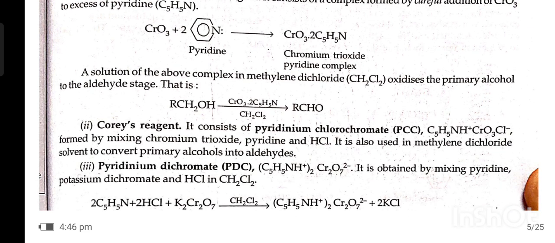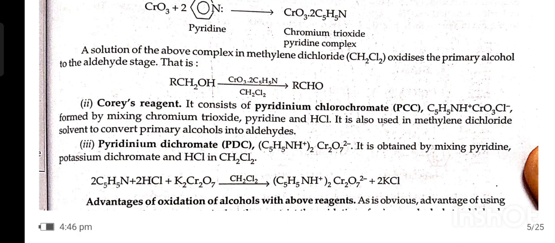Second, Corey's reagent. It consists of pyridinium chlorochromate, PCC, formed from a mixture of chromium trioxide, pyridine and HCl. It is also used in methylene dichloride solvent to convert primary alcohol into aldehyde. Third, pyridinium dichromate, PDC. It is obtained by mixing pyridine, potassium dichromate and HCl in CH2Cl2.